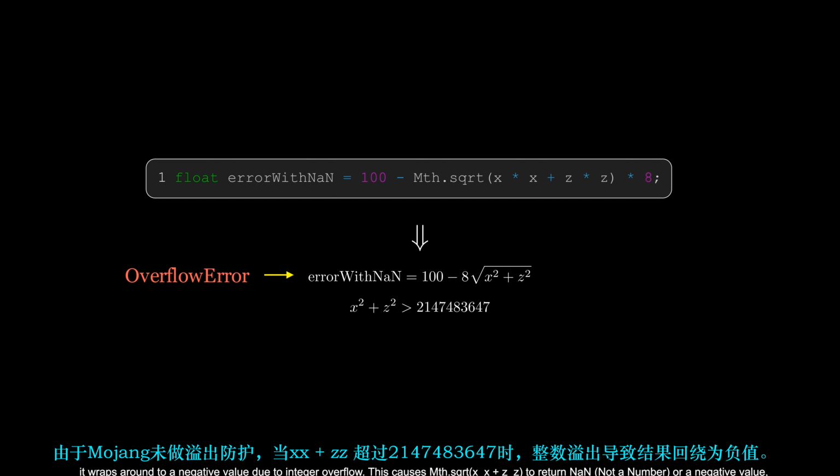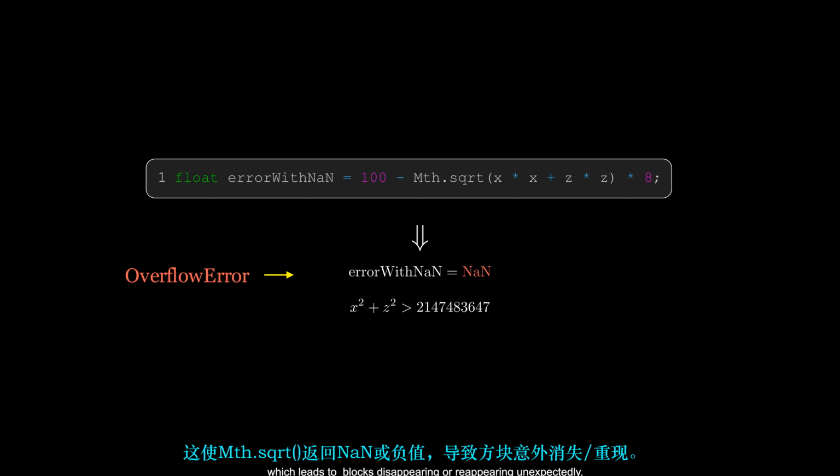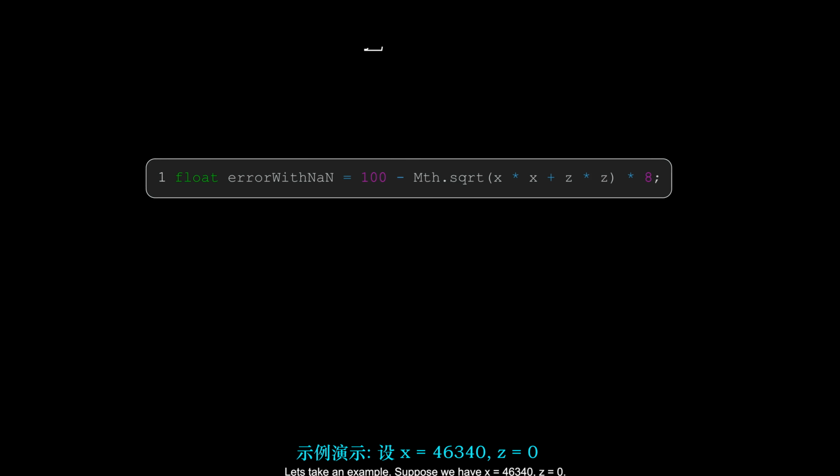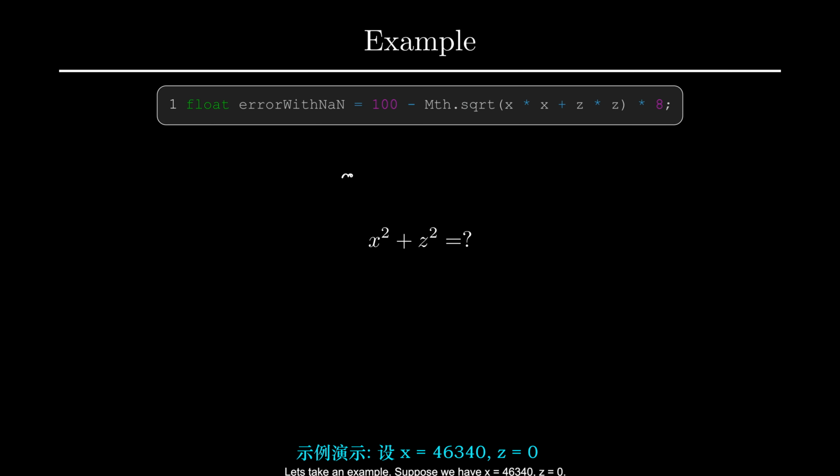This causes Math.sqrt(x times x plus z times z) to return NaN, not a number, for a negative value, which leads to blocks disappearing and reappearing unexpectedly. Let's take an example. Suppose we have x equals 46,340 and z equals 0.